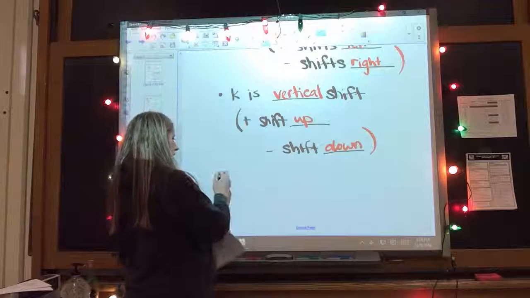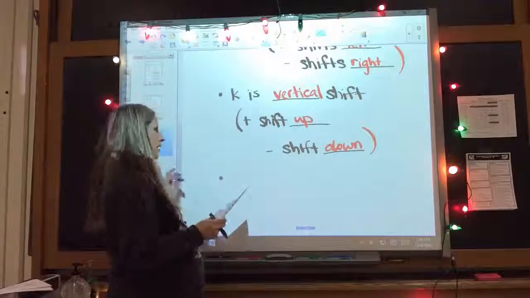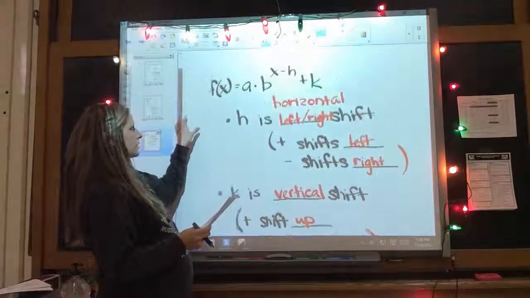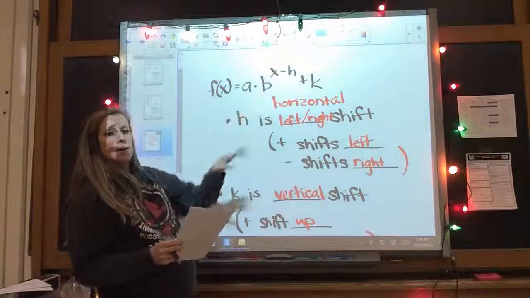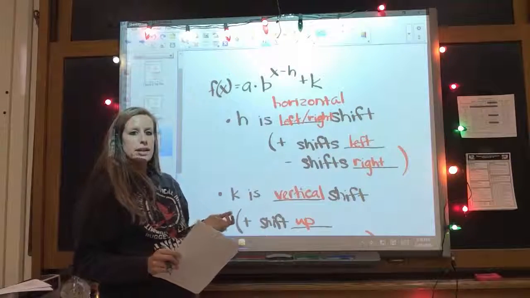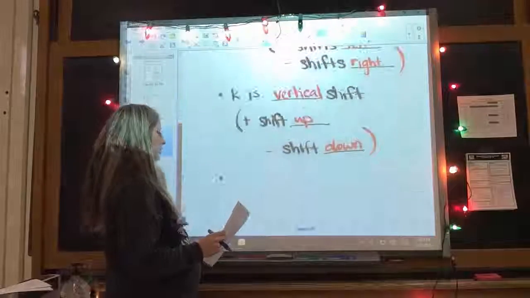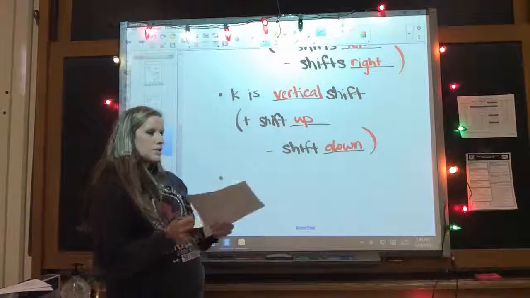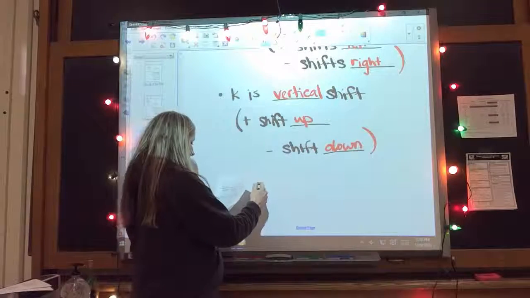Okay, the next one, if a is blank, the function is blank. So look at a. A is that very first number. So if my very first number is negative, remember it's going to flip it upside down. And we've said before it's reflected over the x-axis. That's what's going to happen.